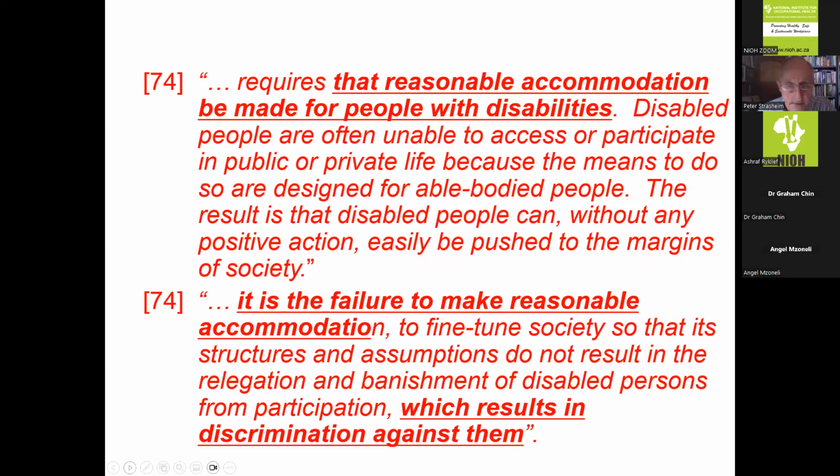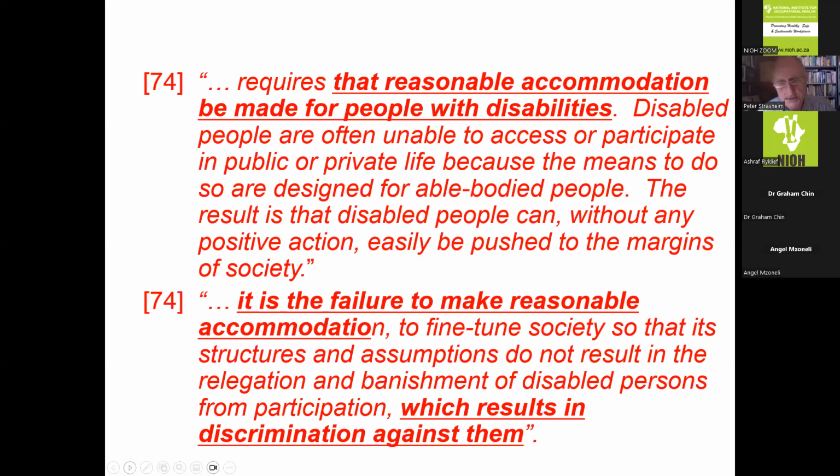It is the failure to make reasonable accommodation, to fine-tune society, and of course also employers, so that its structures and assumptions, structures of course are policies, procedures on jobs, and assumptions, that is about people with disabilities and their ability, do not result in relegation and banishment of people with disabilities from participation, which results in discrimination against them.